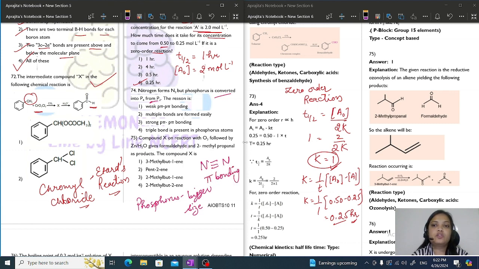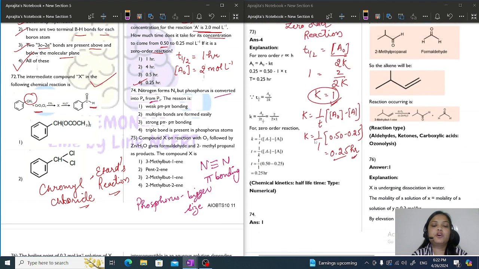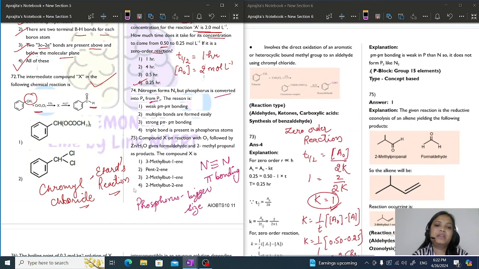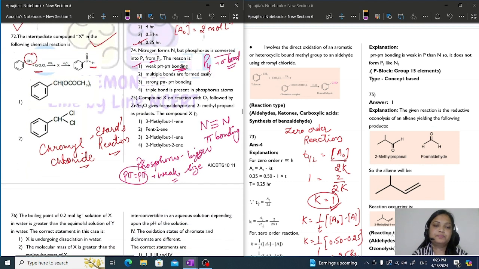Now because of the big size of the phosphorus atom, the p pi bond is not possible. The p pi bonding is weak, so it cannot form in this case. That is why it is converted to P4 where it is having sigma bonds, because pi bonding is not stable in this case. So yes, the answer is option number 1. Weak p pi bonding is the reason that P2 is not there.